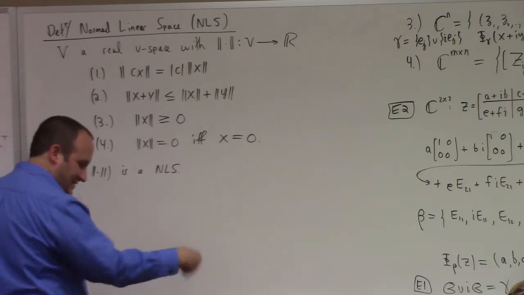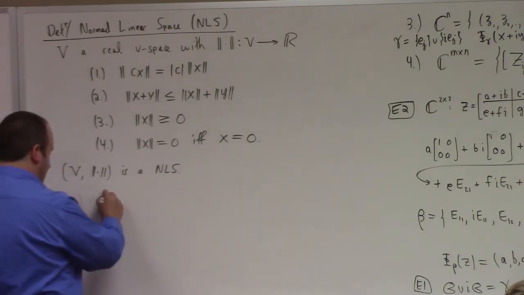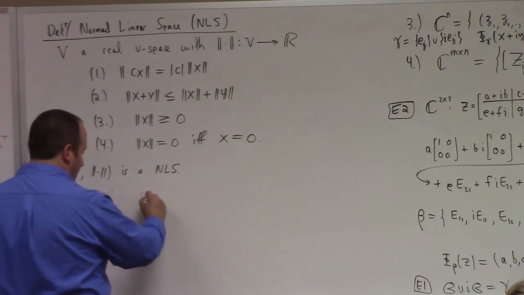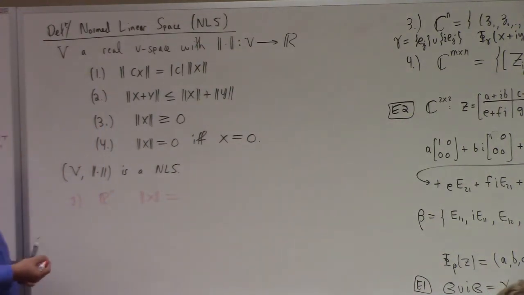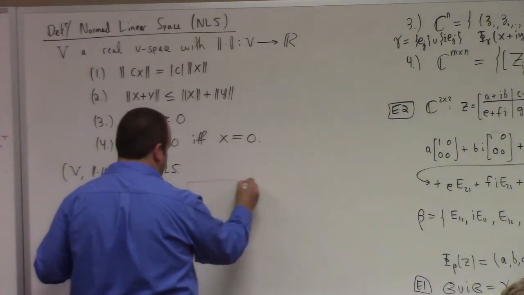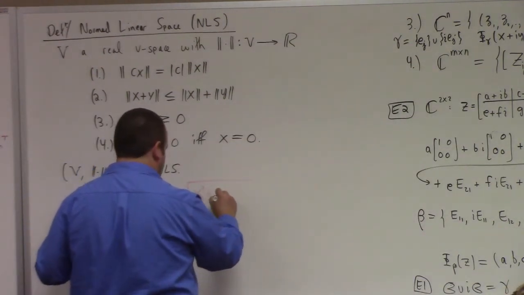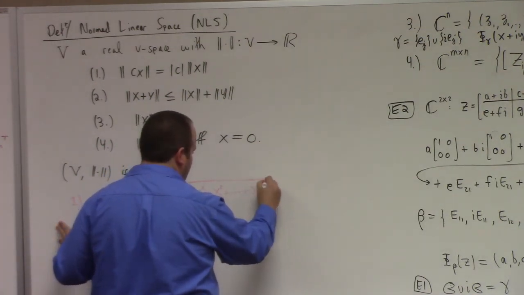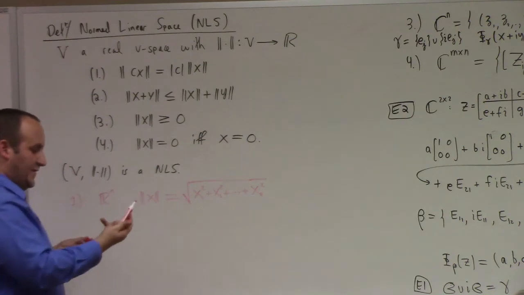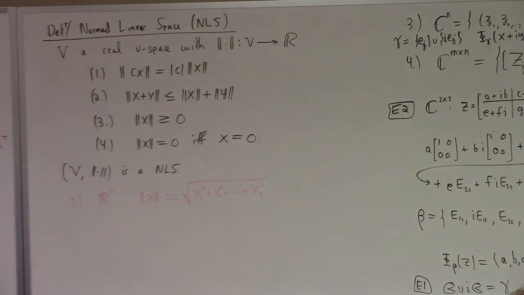For R^n, right? What would the norm of x be? Square root of x1 squared plus x2 squared plus and so on.